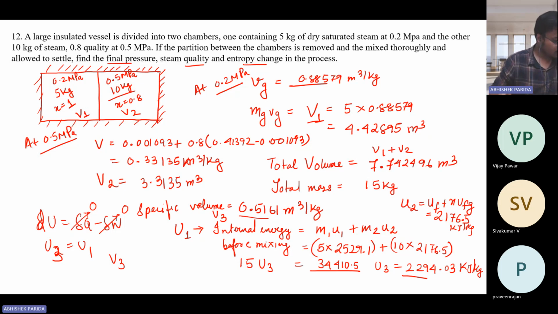I think somewhat near, if you are getting 4 kilopascal, that will be your final pressure.